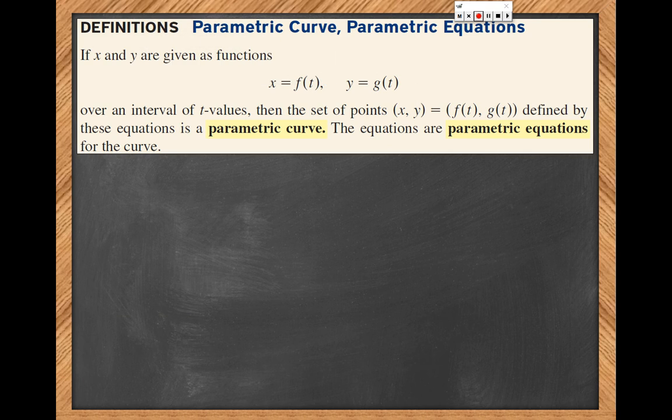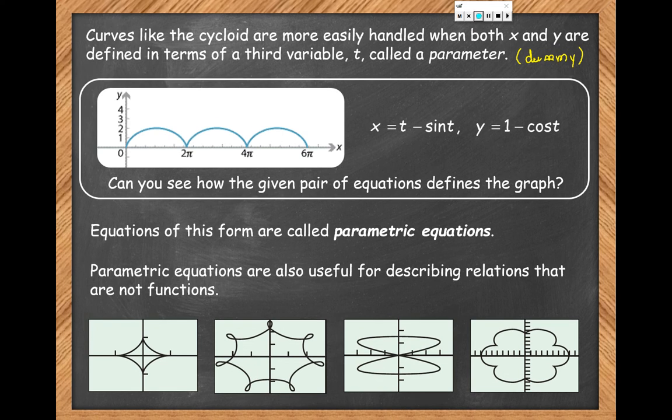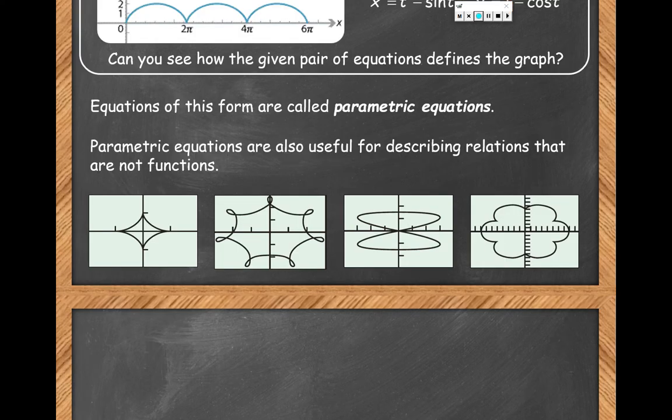Here's the formal definition. Definition of a parametric curve. If x and y are given as functions, x is a function of t, y is a function of t. All these letters serve to confuse you. Just go back. All they're saying is x will be some equation with t's, y will be some equation with t's. That's all that's going on there.